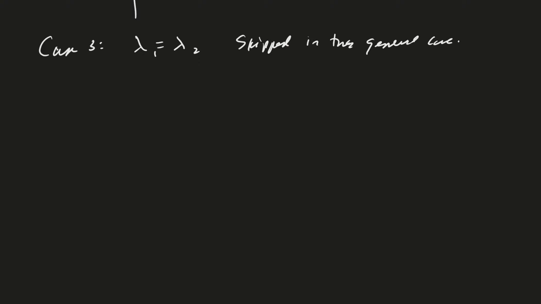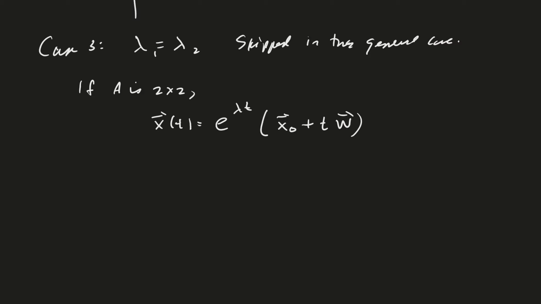Do you remember what we did in the 2 by 2 case? We said that our solution is e to the lambda t times, we didn't have arbitrary constants, that was the change, but we did have x0 plus t times the vector w.